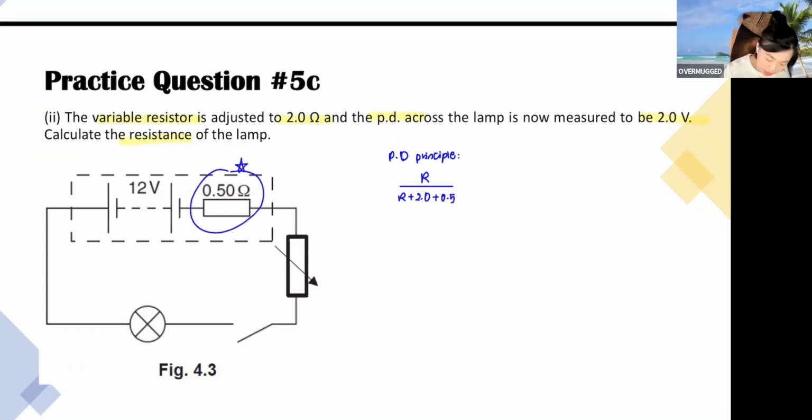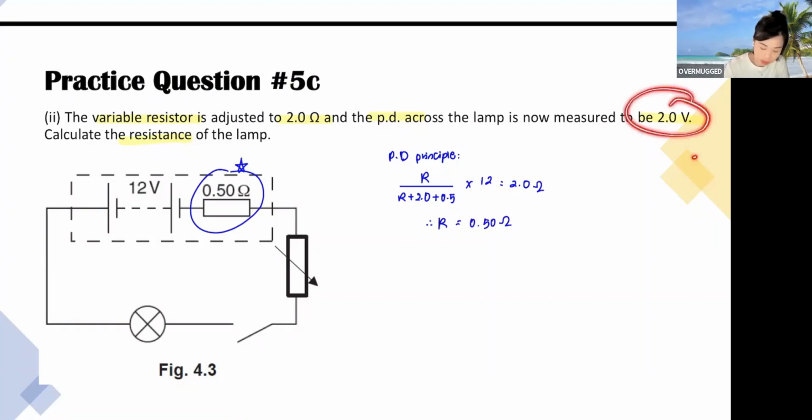So don't forget to add the internal resistance of the battery, then times 12 volt. So my potential difference across my lamp is actually 2.0 volt. Then from there, I can calculate my resistance of my lamp to be 0.5 ohm. Okay, why is it 2.0? Because it said the potential is 2.0.